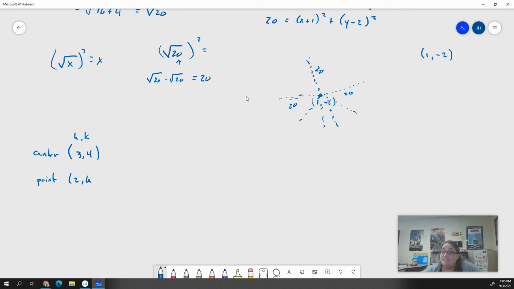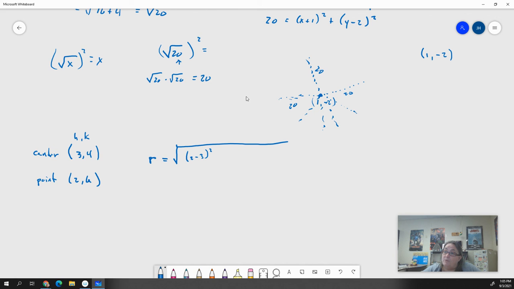I can find the distance between these, and I can write the equation of a circle. Because all I have to do to find the radius, that distance between them, is to play with this, right? I'd go 2 minus 3 squared.